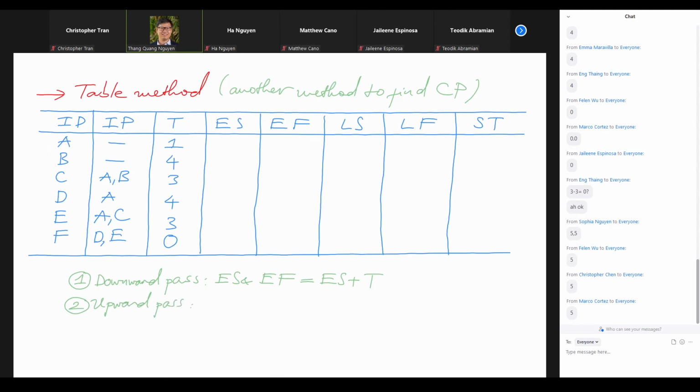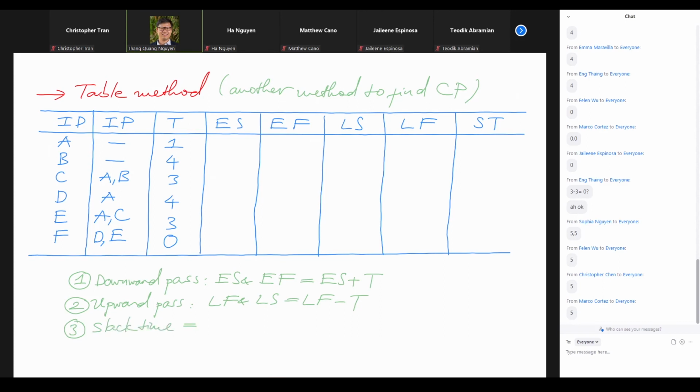And the upward pass, we start with the latest finish date, and then we backtrack to find the latest start date. So the latest start date equals the latest finish date, subtract the T. And step number 3 is we would find the slack times.